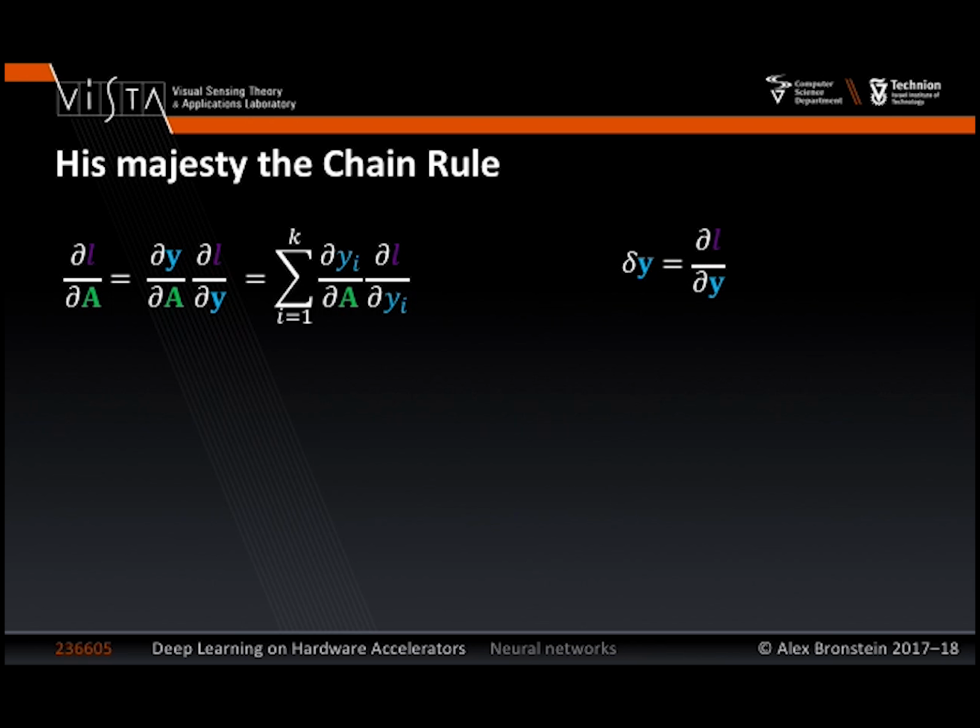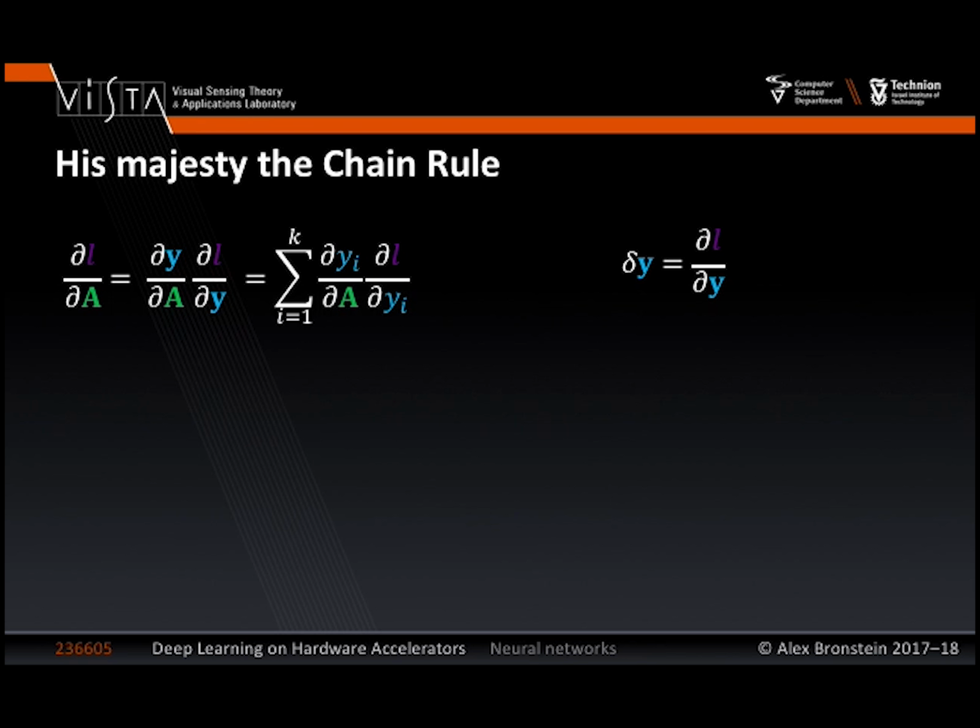Okay, so let's introduce a notation. I don't know actually who introduced it first, but it is very common in the deep learning literature. I will be defining delta y as a shorthand notation for the derivative of the loss function with respect to y. So no matter what we put in front of the delta, it will always be the derivative of the loss function with respect to that variable.